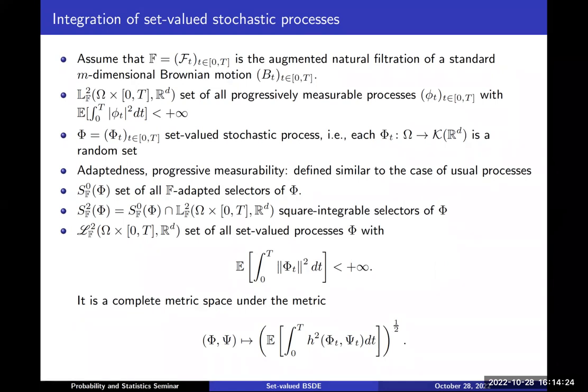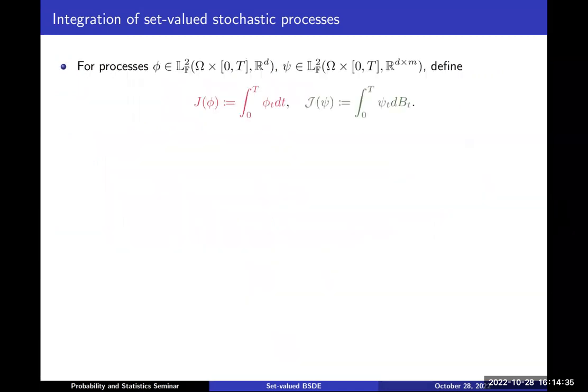The set of square integrably bounded set-valued processes under this metric is again a complete metric space. So one message so far is that we don't have a vector space structure, but we always have some sort of metric. And as long as we can prove completeness, we can study some equations, hopefully, in this work.